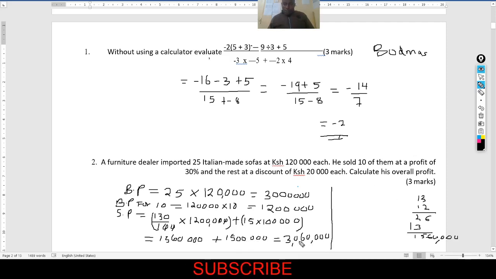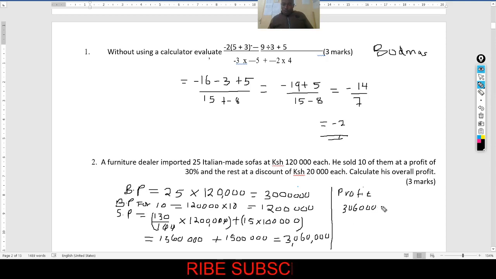Therefore, to calculate the overall profit, it is the selling price minus the buying price. Profit is equal to 3,060,000 minus 3 million.